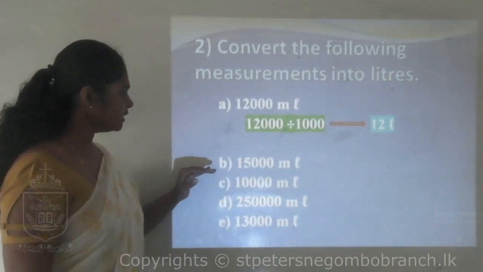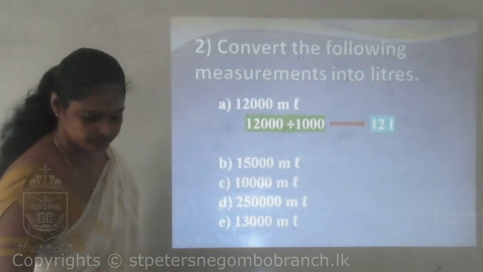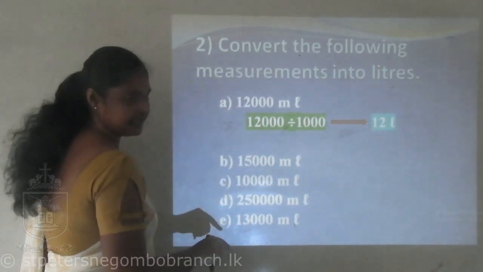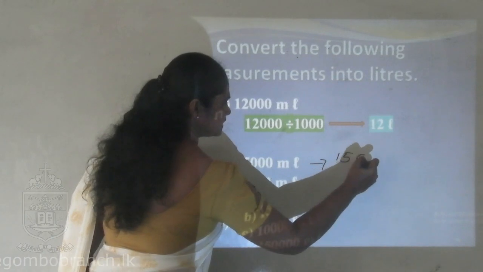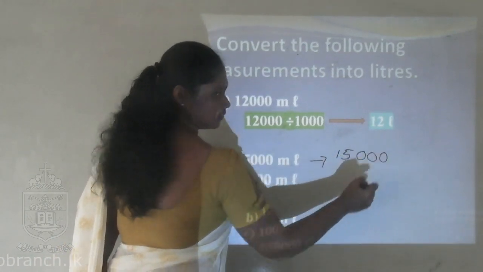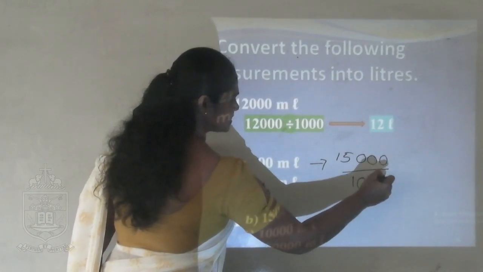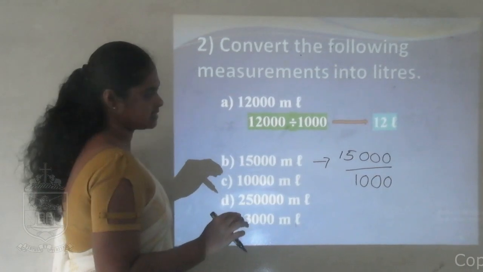So I am going to do question number B for you. Look at this carefully children. 15,000 milliliters. So first you have to divide 15,000 by 1000. Now this is the short division method where you can easily solve the sum.